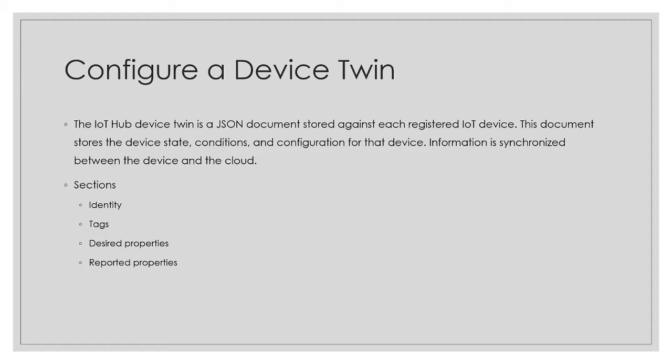We can categorize the devices saying that this device belongs to this factory or this particular location. The location, the factory or any such categorizational properties are nothing but tags. These tags are only accessible and available on the IoT hub level. These tags are not accessible on the device level.